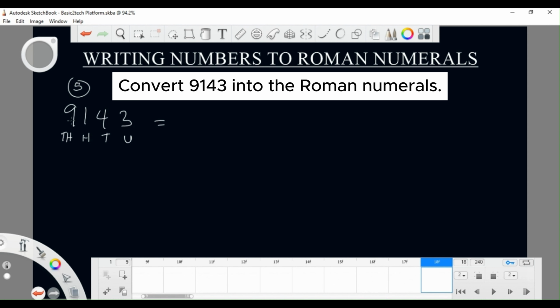So 9 means 9,000. So we have 9,000, 100, 4 tens, which is 40, and 3 units, which is just 3.